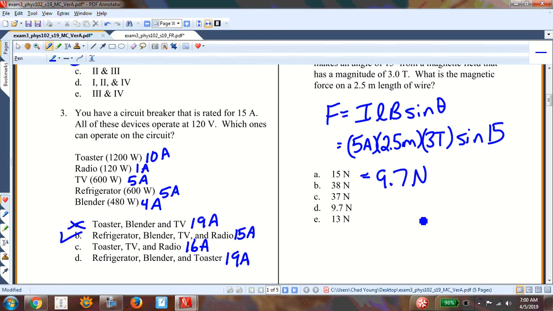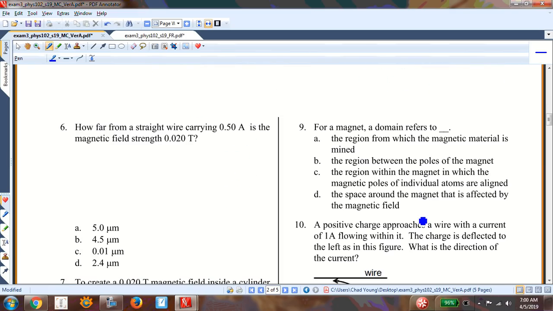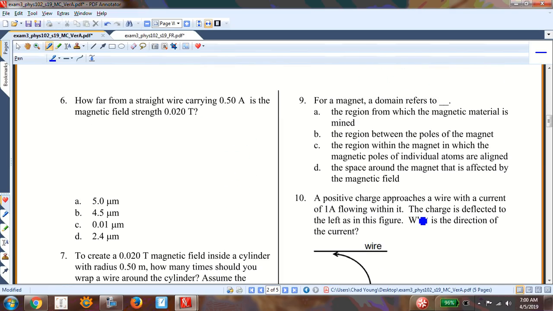Looking at number 6. How far from a straight wire is the magnetic field strength 0.02 Tesla? So I'm looking at a long straight wire, so that's mu naught I over 2 pi r. And I'm looking for how far. That's going to be r.